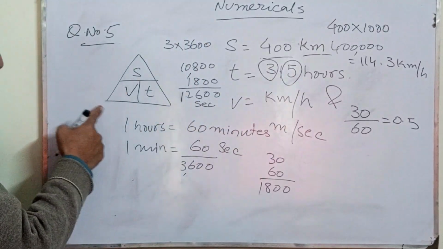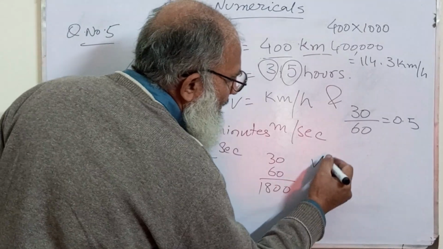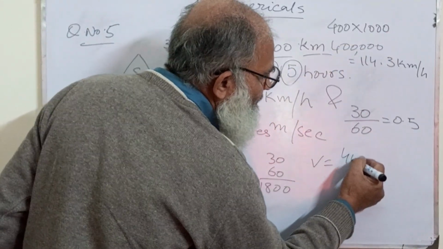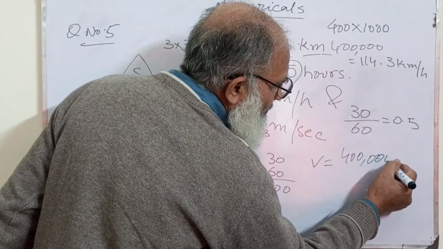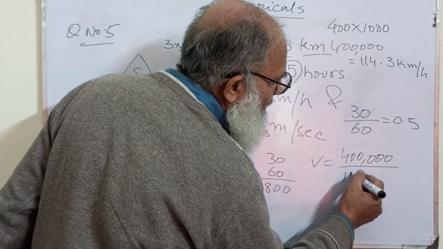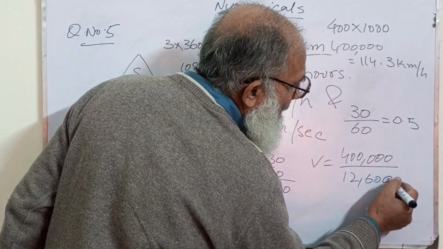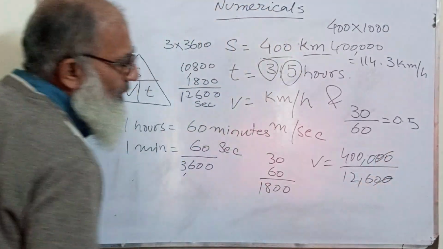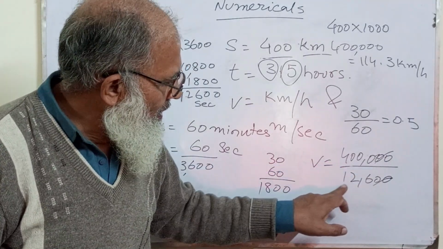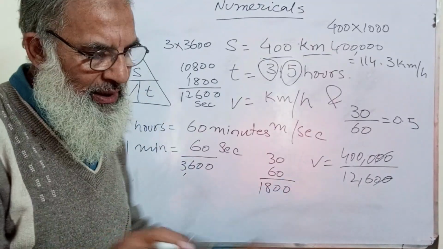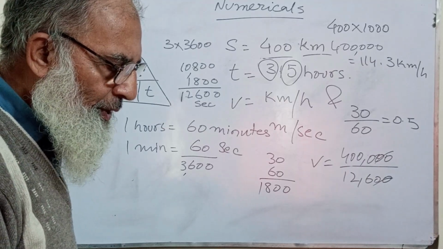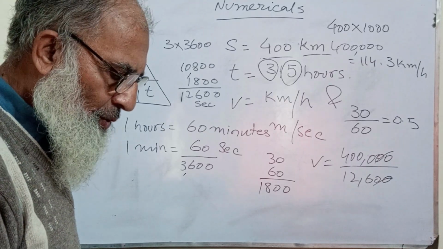The formula will remain the same. So V is equal to S, which is 400,000, and T is 12,600. Subtract these two zeros with this. So you are left with 4,000 divided by 126.